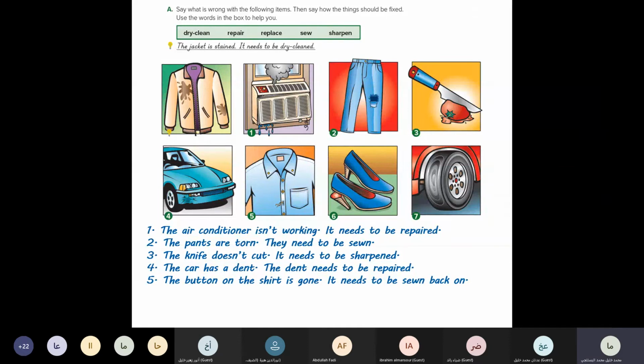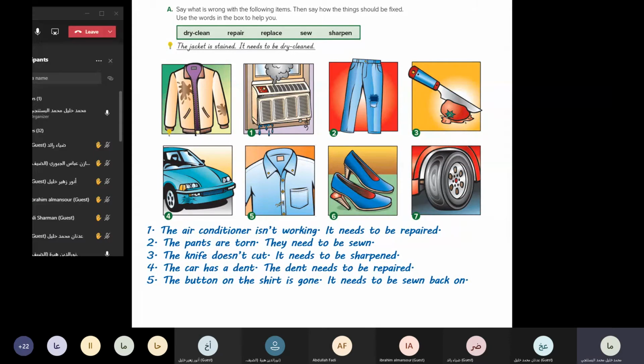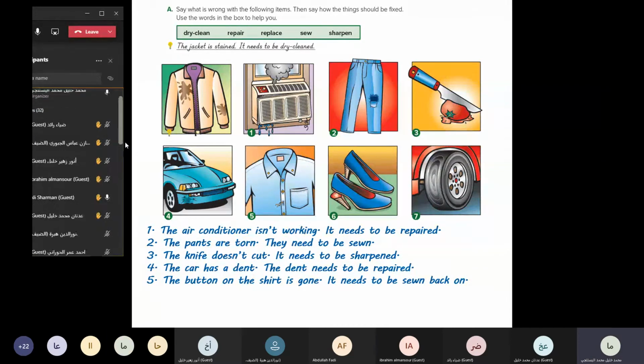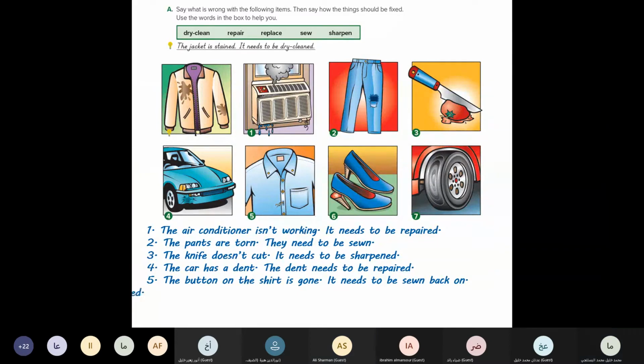Now, what about the shoes? Ali Shurman. The heel on the shoe is broken. It needs to be replaced. Good. To be replaced, to be repaired. So the heel on the shoe is broken.